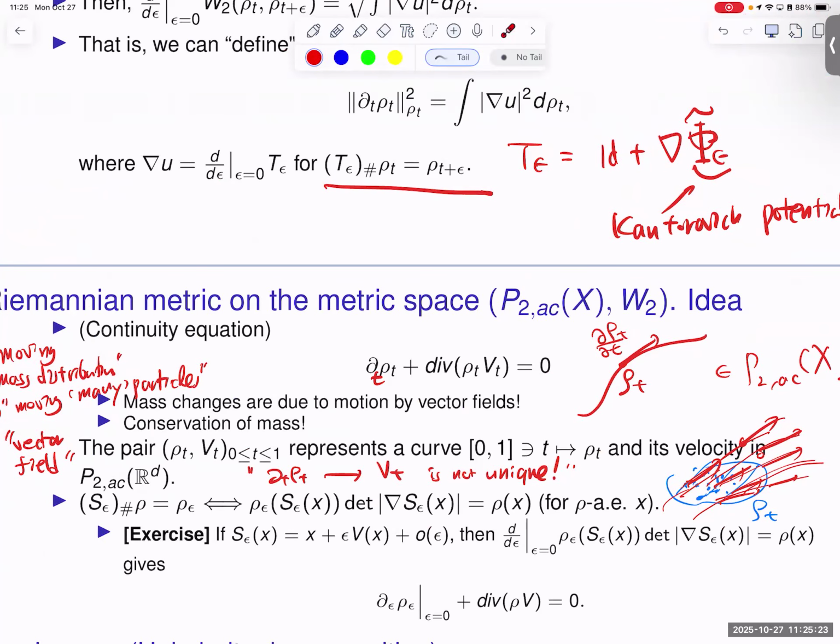Then your S epsilon, which is just a transport mapping, not necessarily optimal, will be a perturbation of the identity mapping: identity plus epsilon terms, where you have the first order term v, a vector field. It's from a mapping, so x gives us another point. So this x to v(x) is a vector field.